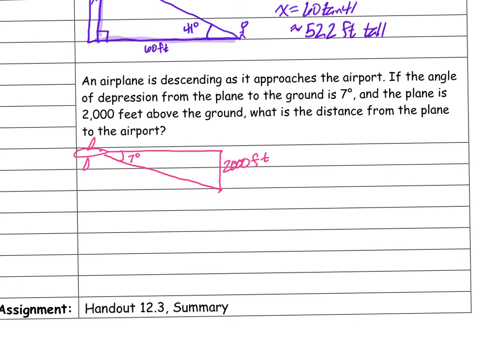So if this is the airport, here's my distance. Ooh, we got a lot of tangent here. So that means tangent of 7 equals 2,000 over x. Make a fraction, cross multiply.